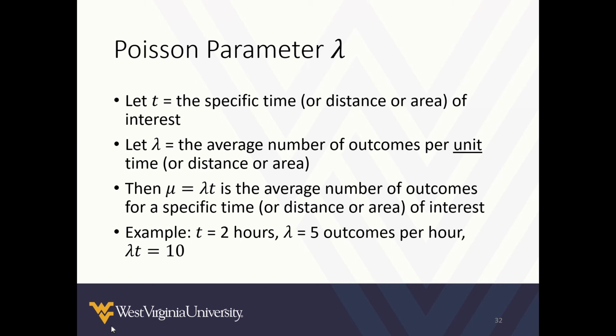Our mean, our expected value, is going to be lambda times t, and it is the average number of outcomes for a specific time or distance or area of interest. So for example, if we were talking about the number of phone calls you receive in 2 hours on average, well, the time would be 2 hours. The average number of outcomes per hour might be 5, so the average over 2 hours is 10 phone calls.